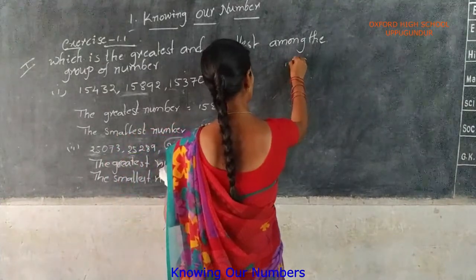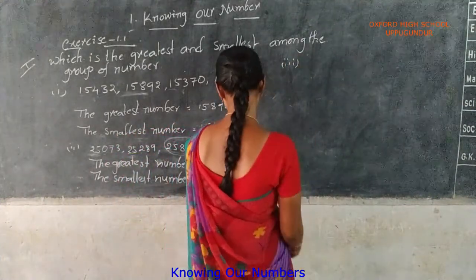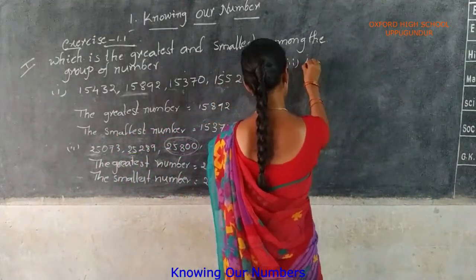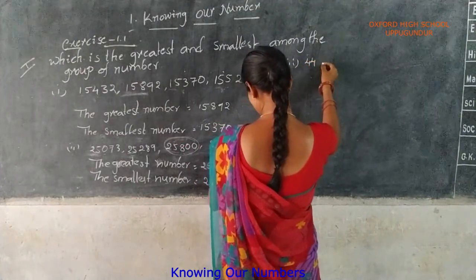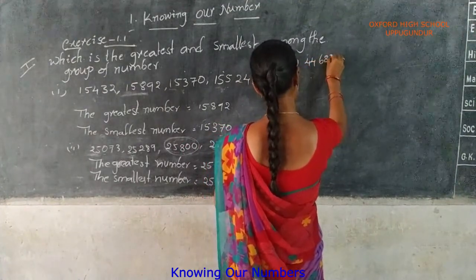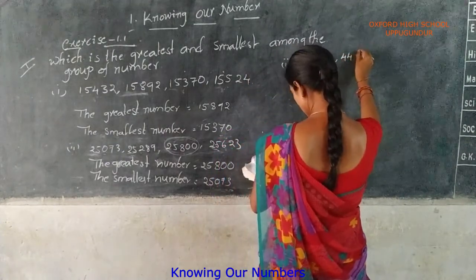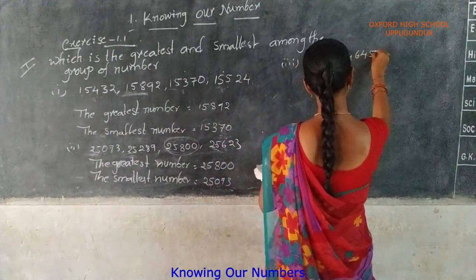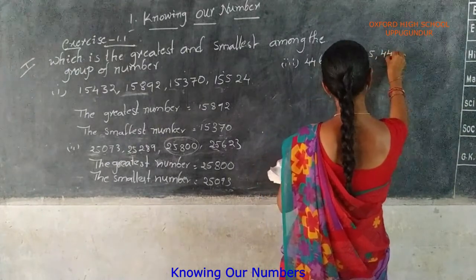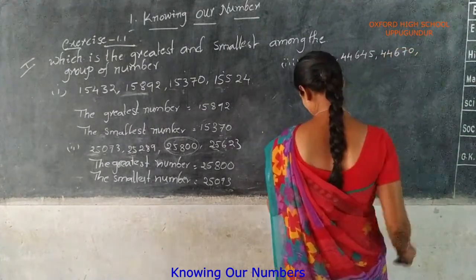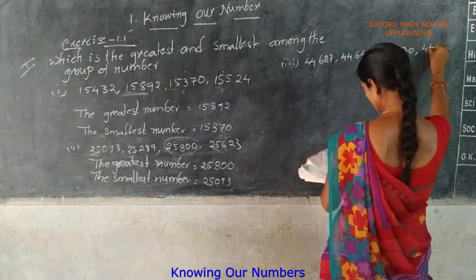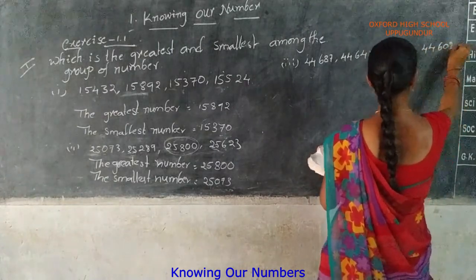The third one: 44,000, 44,687, 44,645, 44,670, 44,602.